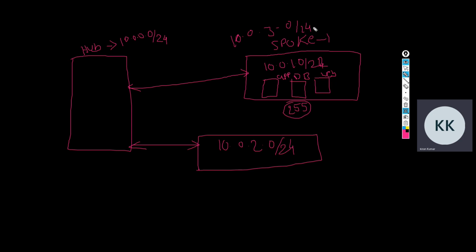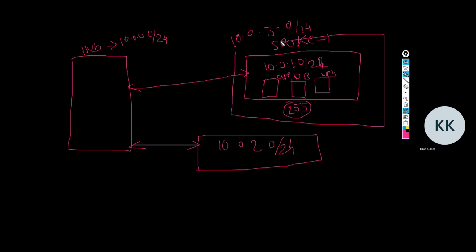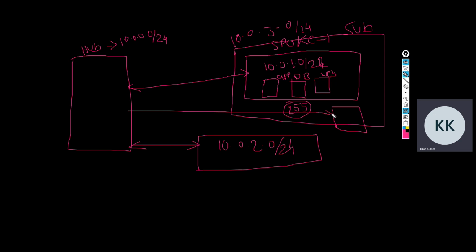Generally people will think we can create, in this particular subscription, suppose this is a different subscription, one more vnet and create a peering like this. But I don't want that. Peering is an additional cost, and I don't want it.